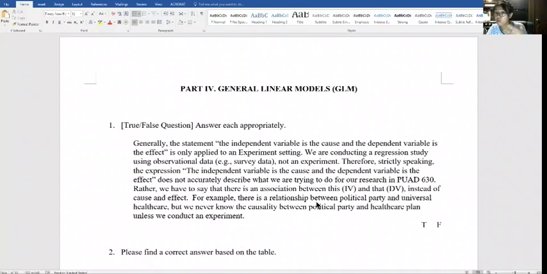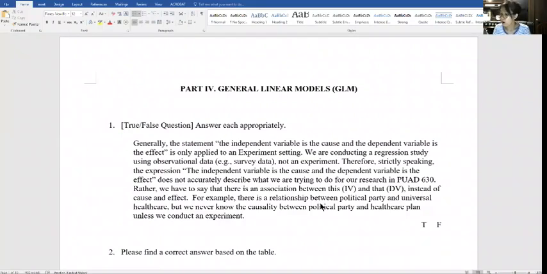the difference between experiment and observational study. What we are doing in social sciences, most of the study is observational study, not experiment. Okay, this is not a laboratory experiment. So you can't say anything about cause and effect under survey observational data because it's not controlled, right?